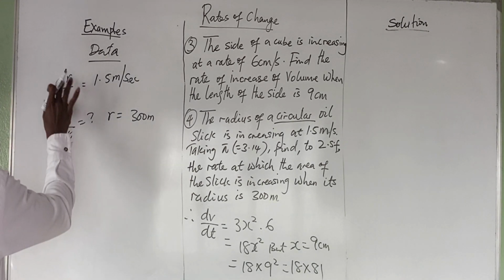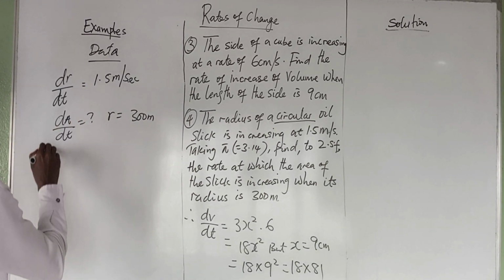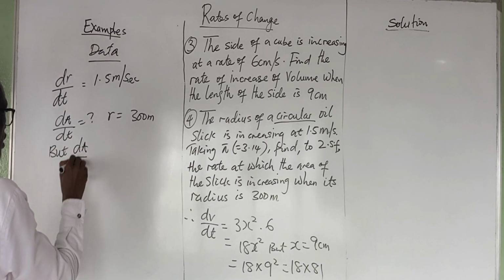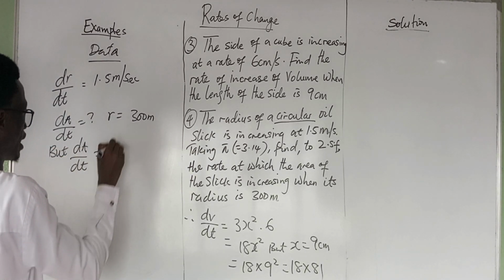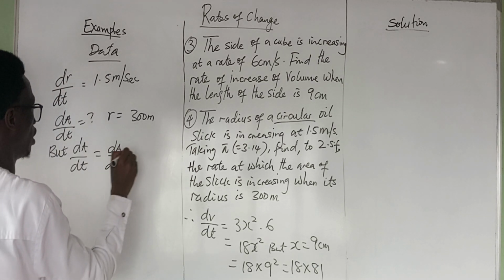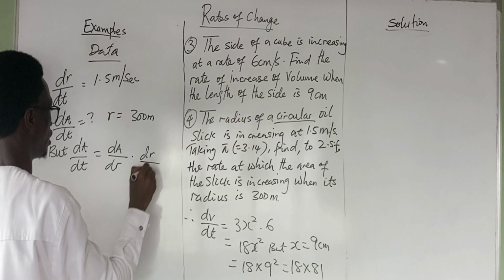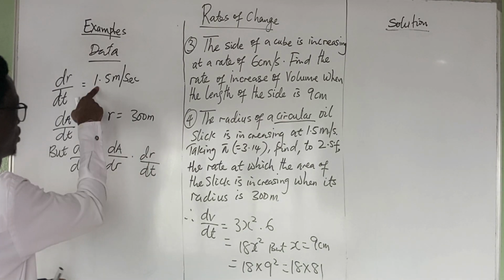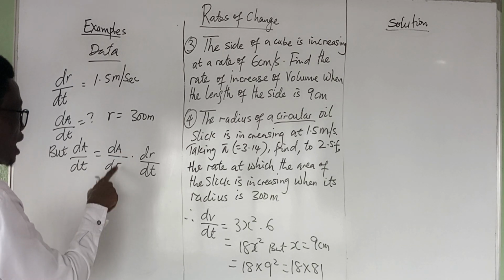So you need dA over dt. What did I say? You write the A first, then introduce the new thing, which is the r, multiplied by dr over dt. Simple. So you have dr over dt, which is given, and you don't know A and r.